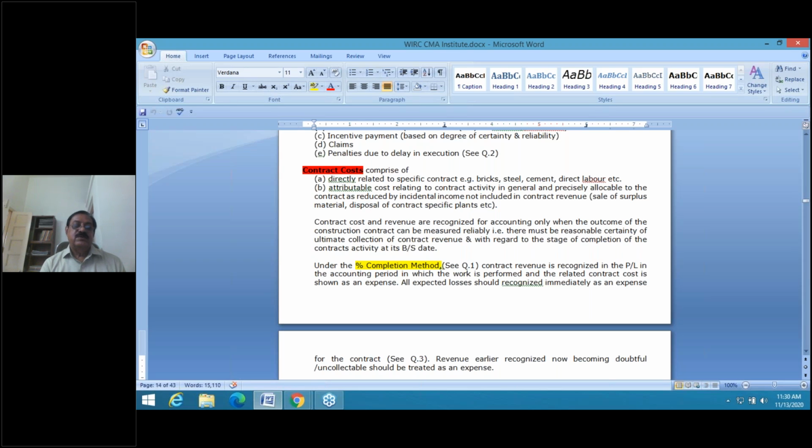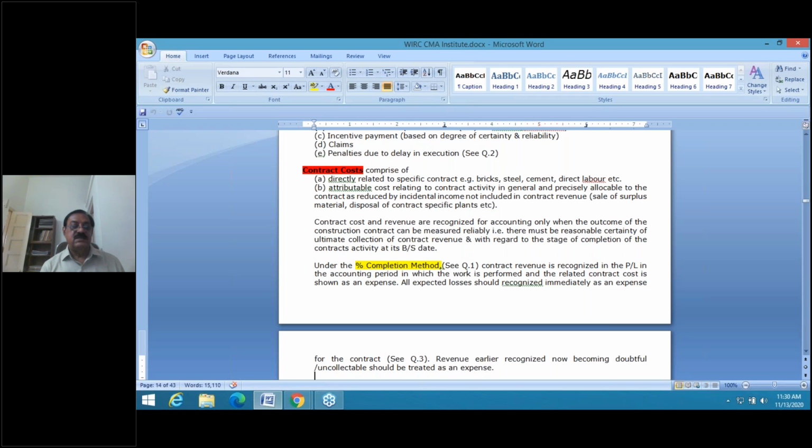Then, more important, how will you recognize the revenue based on the percentage completion method. There are two methods, percentage completion and completed contracts. The completed contracts method is now not allowed by the institute. Only the percentage completion method is allowed. So we will be booking the revenue based on the percentage completion method.